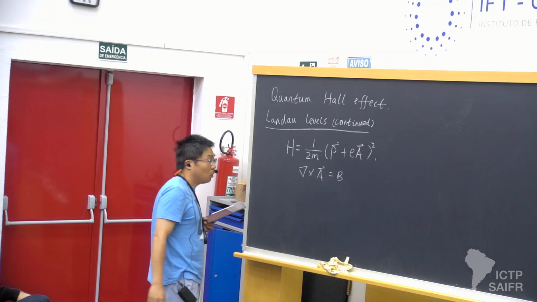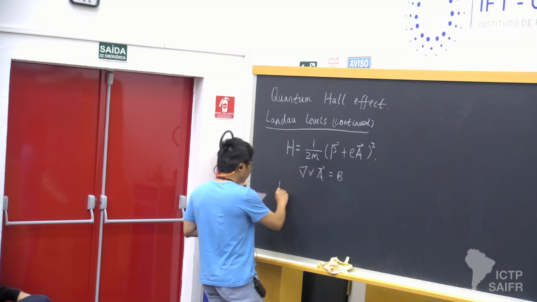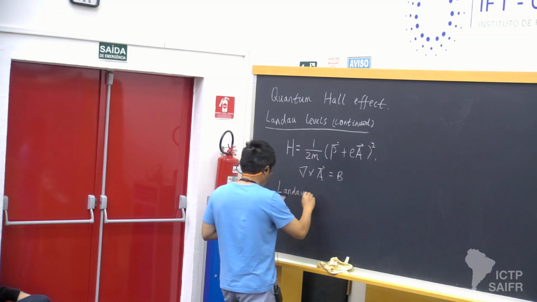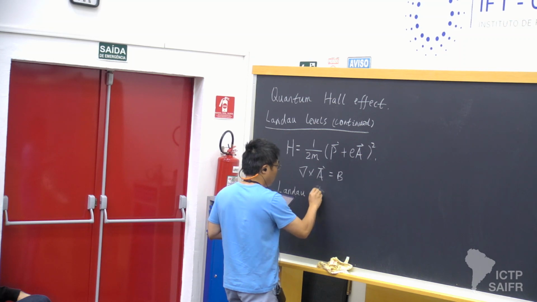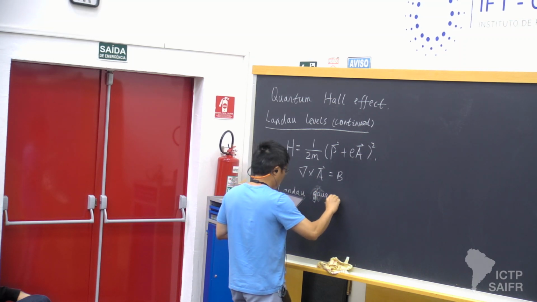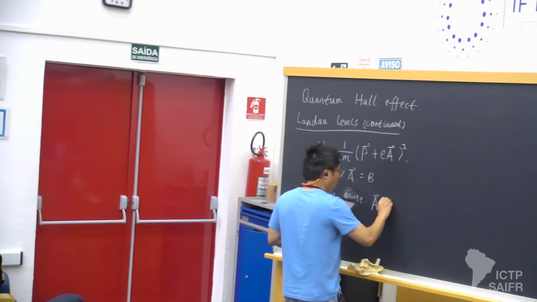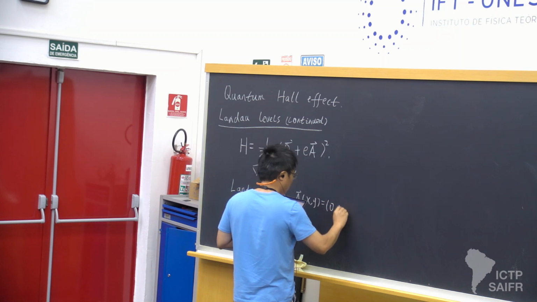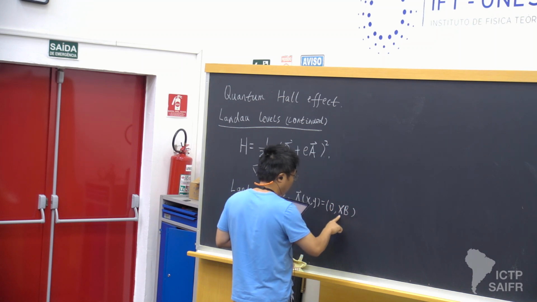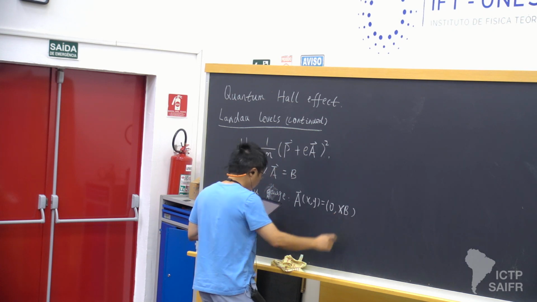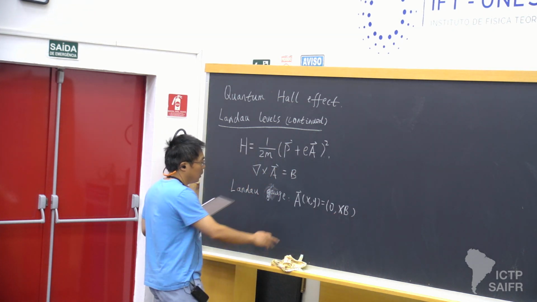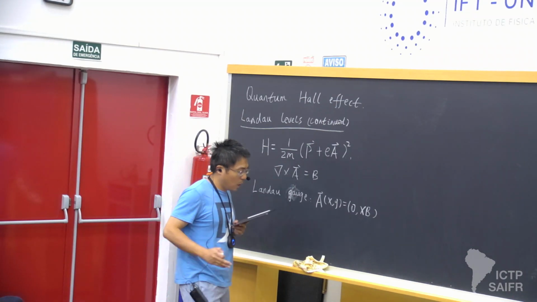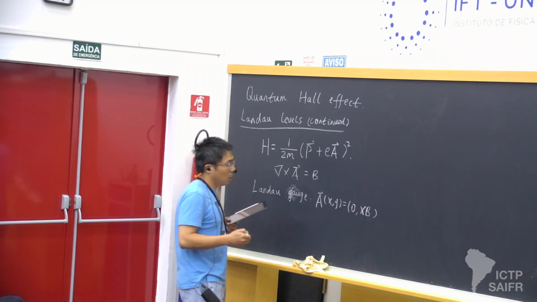And in the last lecture, what I did is that I chose the so-called Landau gauge, which looks like this: in the x direction, the vector potential is just 0, and in the y direction it is x dependent, it is x times B. The point is this gauge actually preserves the momentum translation along the y direction, but it breaks the translation along the x direction.